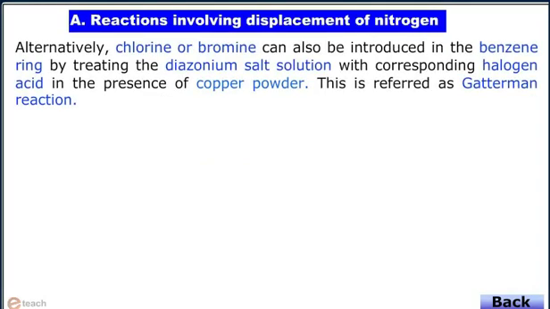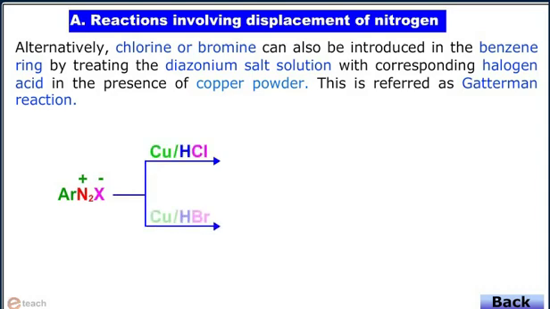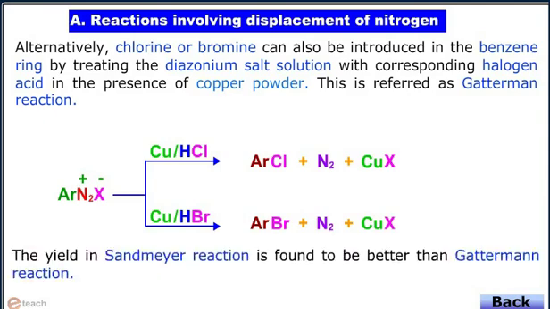Alternatively, chlorine or bromine can also be introduced in the benzene ring by treating the diazonium salt solution with the corresponding halogen acid in the presence of copper powder. This is referred to as the Gattermann reaction. ArCl and ArBr are formed in the presence of Cu/HCl and Cu/HBr. Also, N2 and CuX are released in each reaction. The yield in the Sandmeyer reaction is found to be better than in the Gattermann reaction.